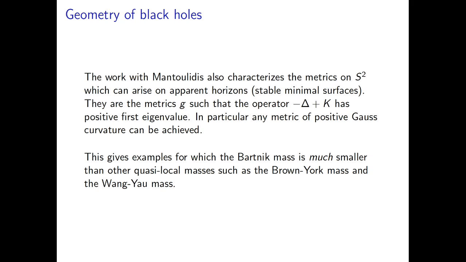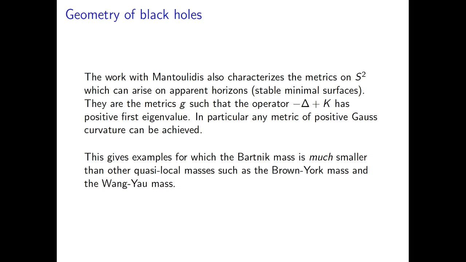The other interesting thing that this construction does is it gives examples for which the Bartnik mass is much, much smaller than other quasi-local masses, such as the Brown-York mass, which was generalized by Wang and Yau to the space-time setting. In fact, you can construct a sequence of examples where the Bartnik mass remains finite, but the Brown-York or Wang-Yau mass goes to infinity.